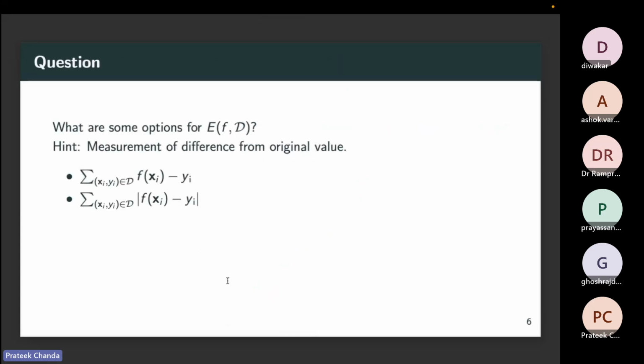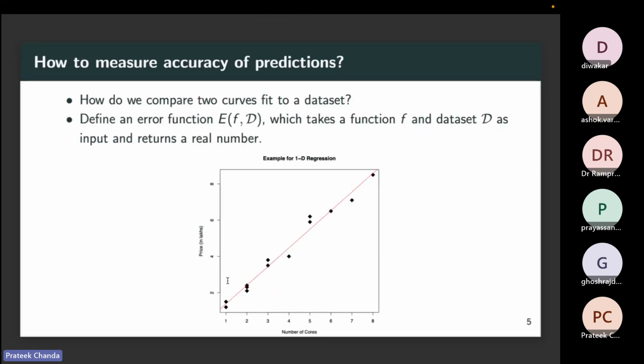The other notion is to take the absolute value of the difference. You might already know why this is the case. If I don't take an absolute value, some points lie above the red straight line and some points lie below it, and the averaging might cancel out. There might be the same number of plus ones and minus ones, so it might cancel out to a very small number or even zero.